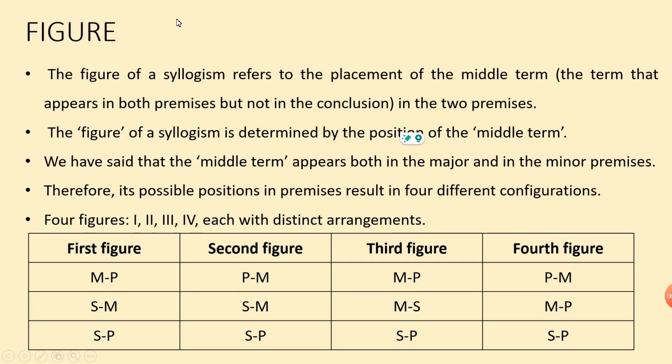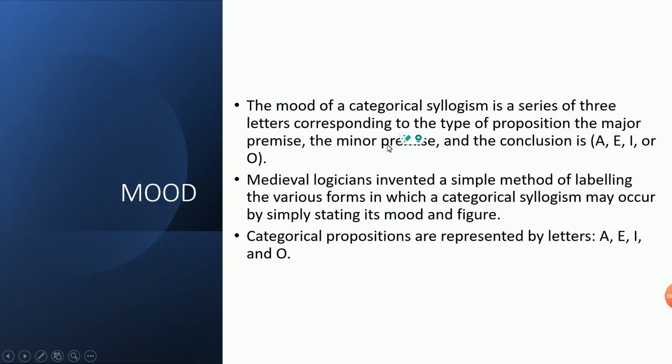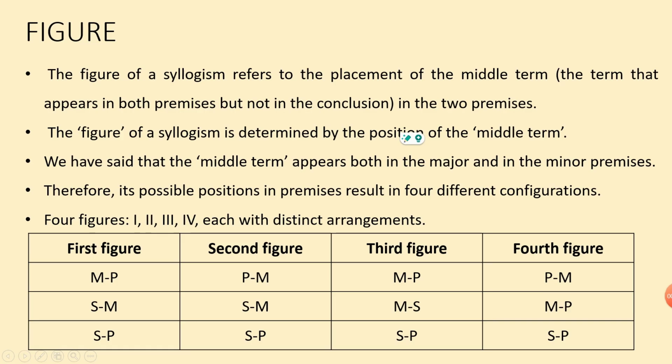Next is figures. We identified a figure in yesterday's class and even today's class, where we might have recalled the term. I said there would be major, minor, and the conclusion. Likewise, there is a major, minor, and middle term.